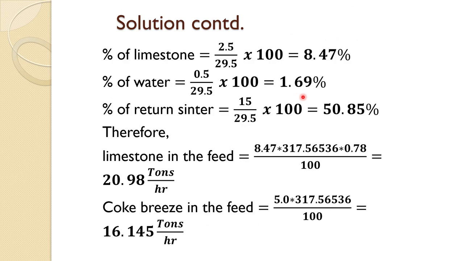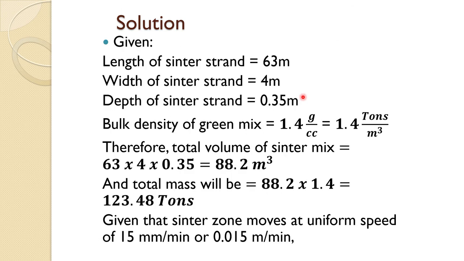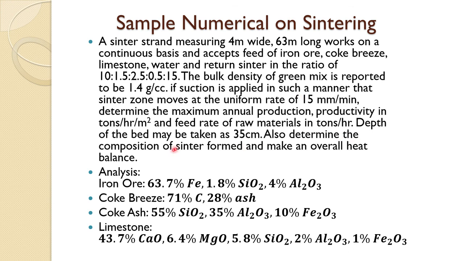I have left another question, to determine the composition of sinter formed and make an overall heat balance. We have already got how much slag is forming and going out. In the same way, this can be done, and I will leave this as an exercise for the readers or those taking this course, and they should try to calculate this.